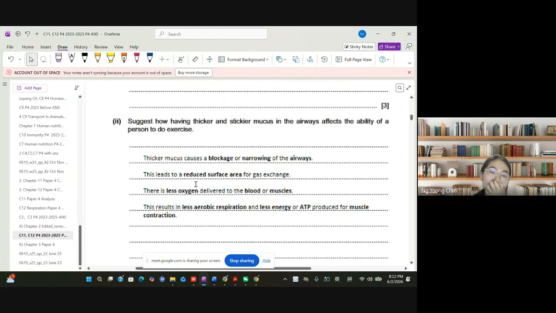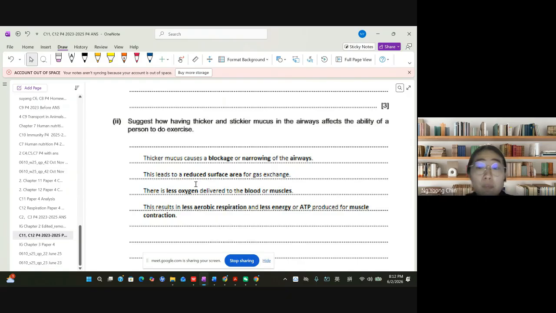So how having thicker and thicker mucus in the airway will affect the ability of a person to do exercise. I think you have the experience of catching a cold before, right? You sneeze a lot and produce a lot of yellow mucus from your nose too. So what happens if a lot of mucus accumulates in your airways?